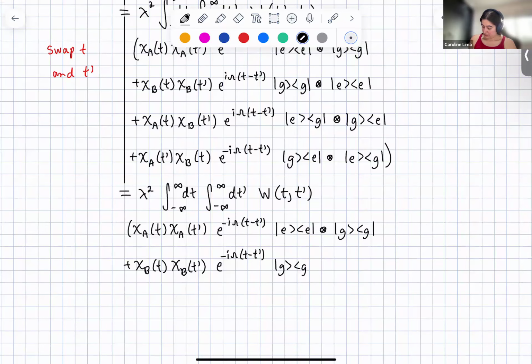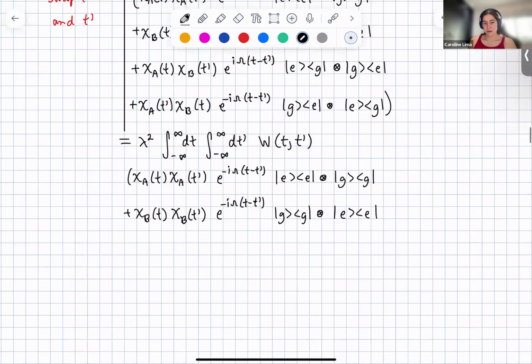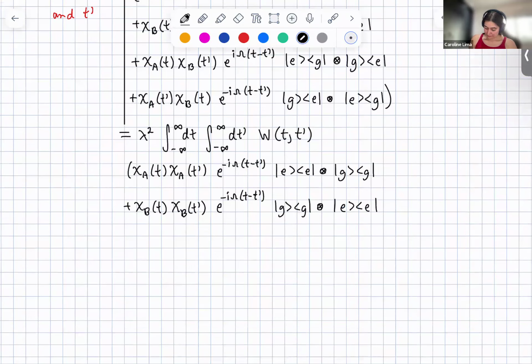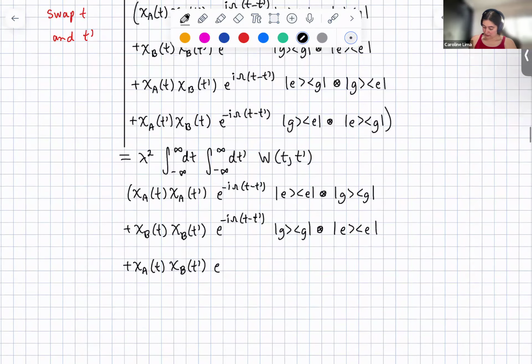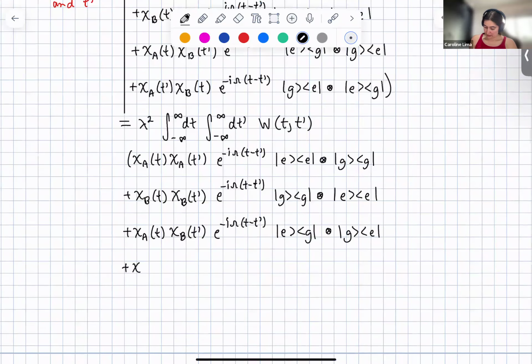And then g, g, e, e. And then here they change. So chi A of T, chi B of T prime. And I also change the sign. Minus i omega (t minus t prime). And e, g, g, e.